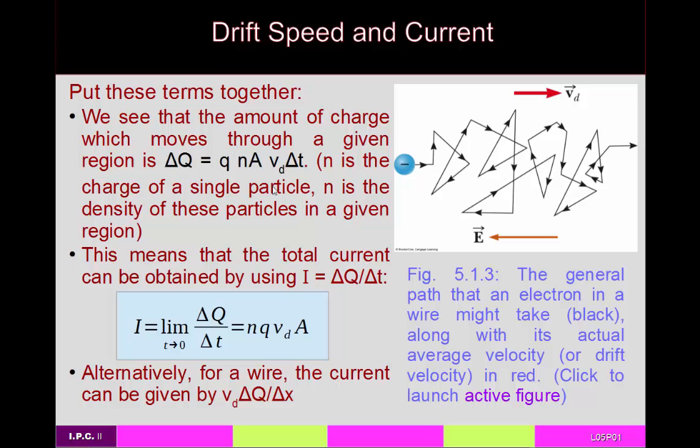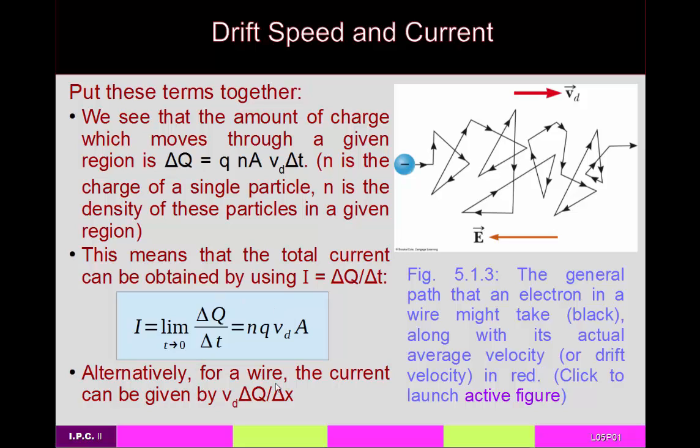So delta q over delta t is current, and if you take the limit as delta t approaches 0, you get the instantaneous current. So the instantaneous current, a macroscopic quantity, can be related to the drift velocity and the charge of the particles through this equation: I is equal to n q Vd A.